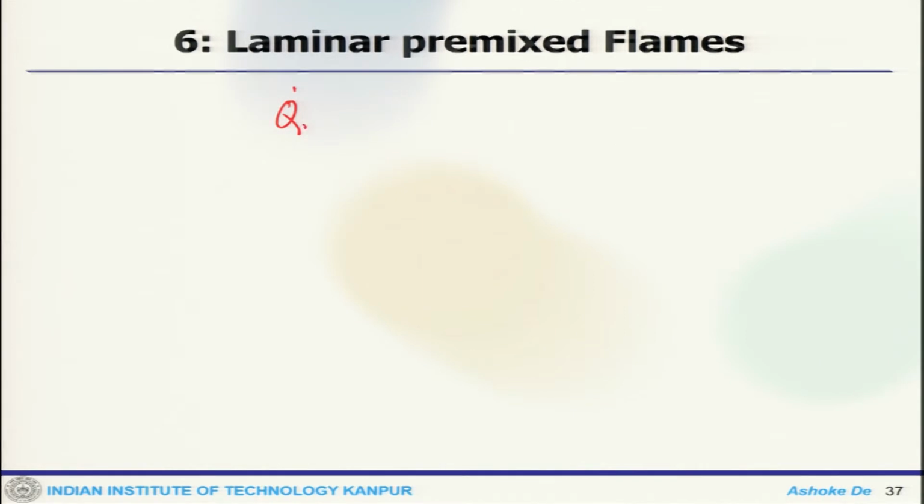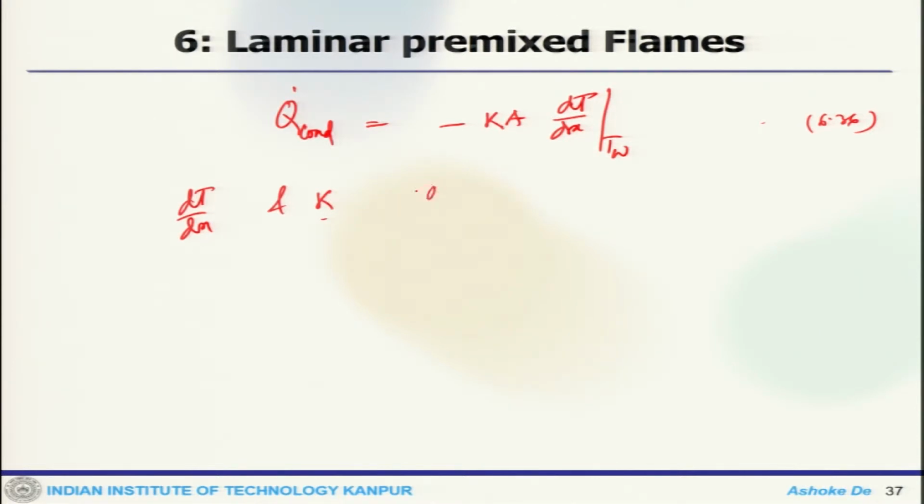So, we can get the conduction heat loss as kappa A dT by dx at T wall, where both the temperature gradient, dT by dx, and kappa are evaluated at the wall temperature, that is at Tw.